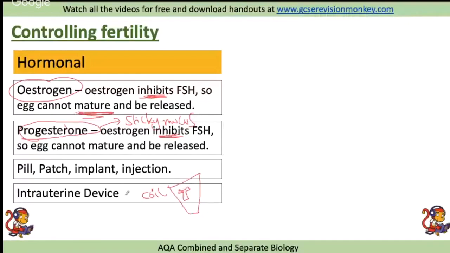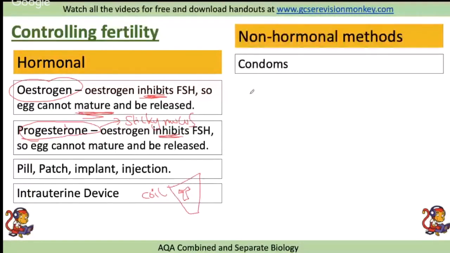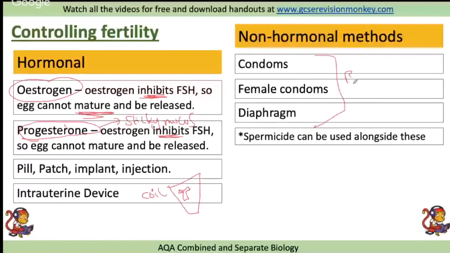Non-hormonal methods then, you've got barrier methods such as condoms, female condoms, and diaphragms, and these are known as barrier methods because they physically block the semen from going into the uterus. Alongside those, you can use spermicide to make sure you're getting the best contraception possible.